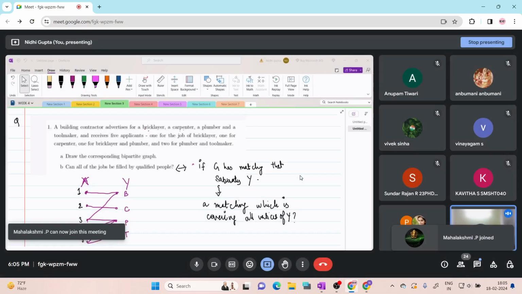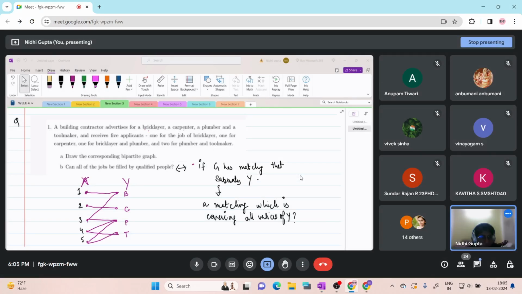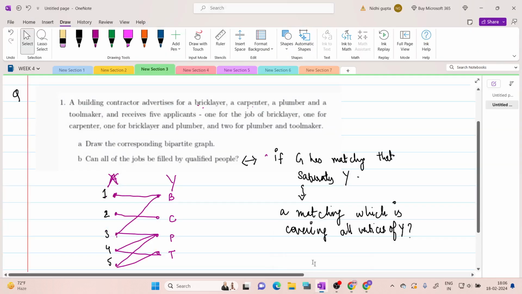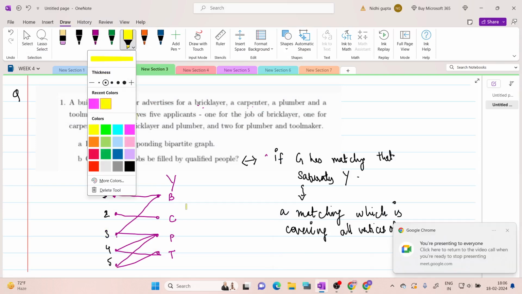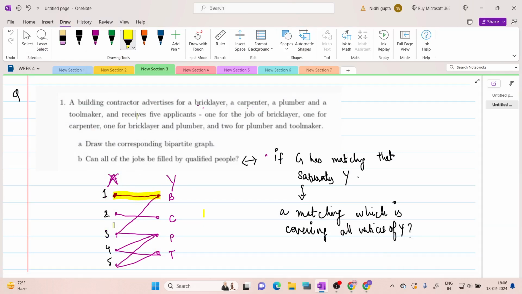Okay. So there was an answer which said yes. So do you have a perfect matching, Anupam? A matching which is saturating Y, not perfect. One to brick, two to carpenter, three to plumber, and four to toolmaker.